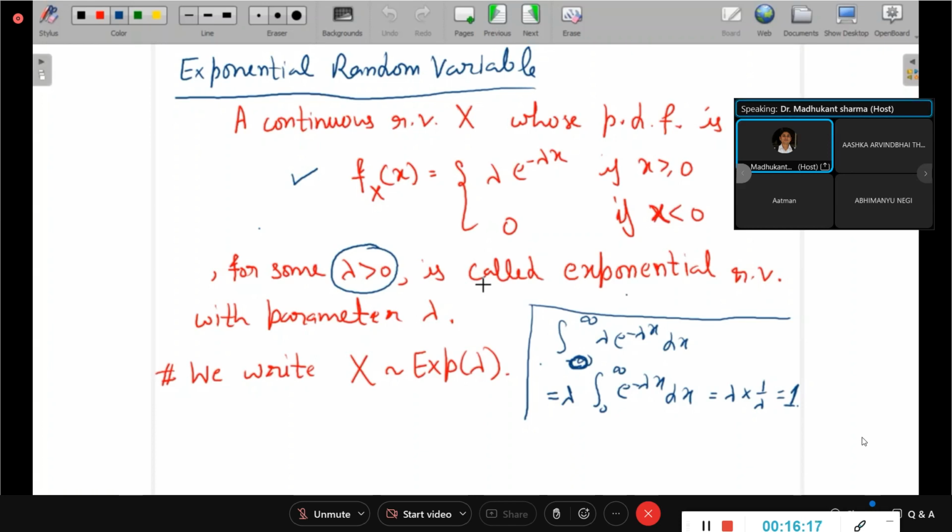We have also defined the geometric random variable. The exponential random variable can be seen as a continuous analog of the geometric random variable, like we did for the binomial and Poisson.